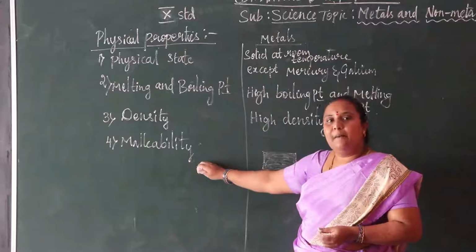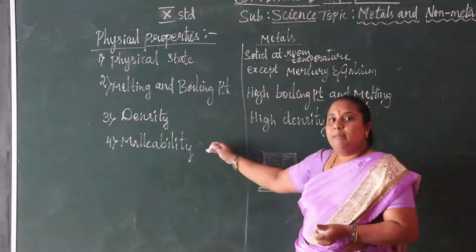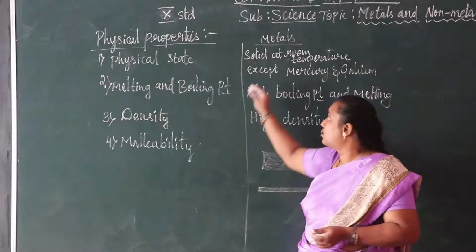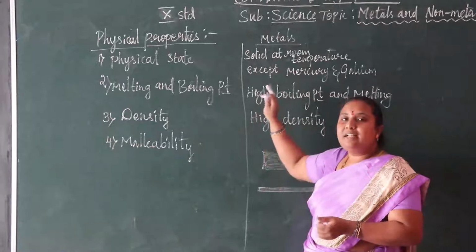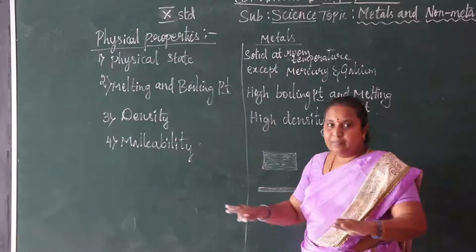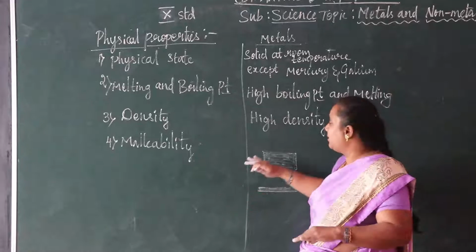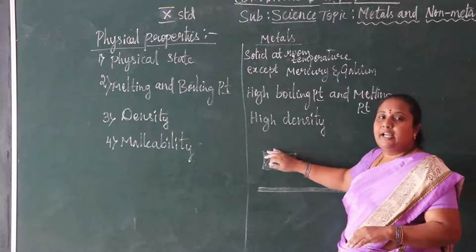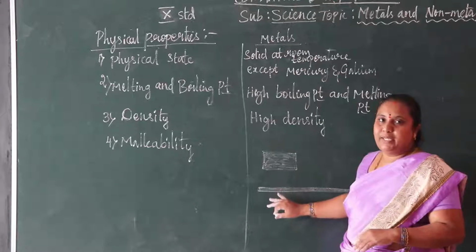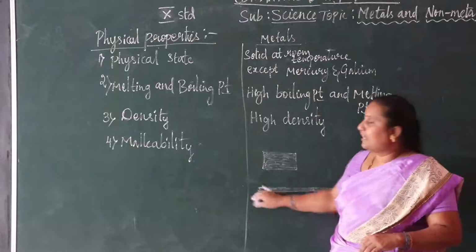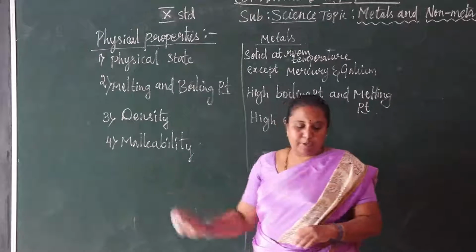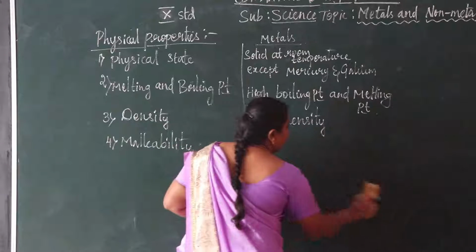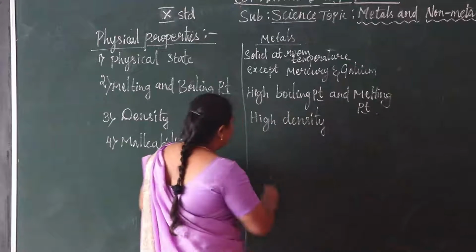Only metals have the malleable property. Metals are hard and solid in nature, yet we can make a solid rod or solid form of metal into a thin sheet by beating. So metals can be malleable.